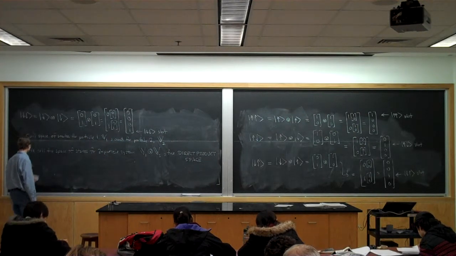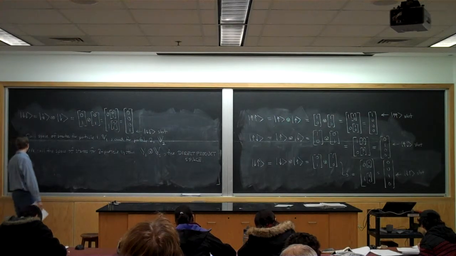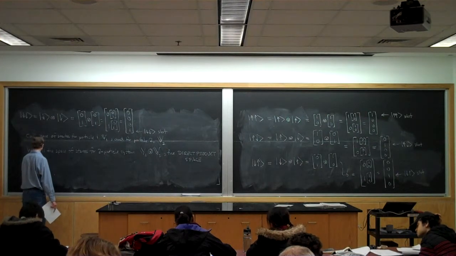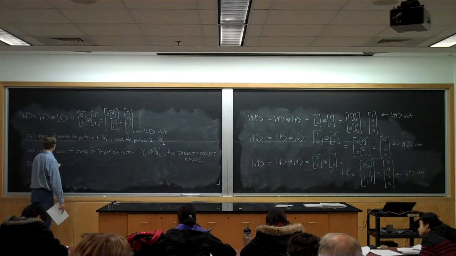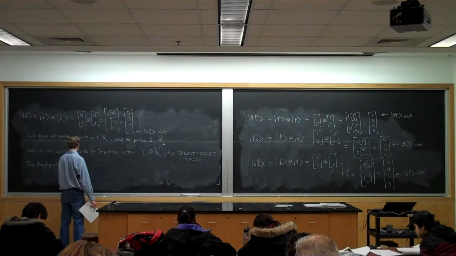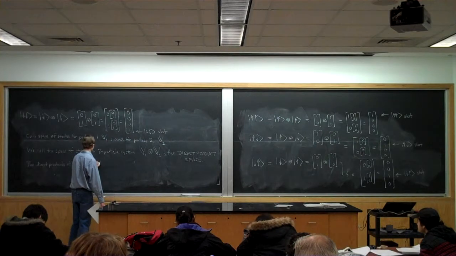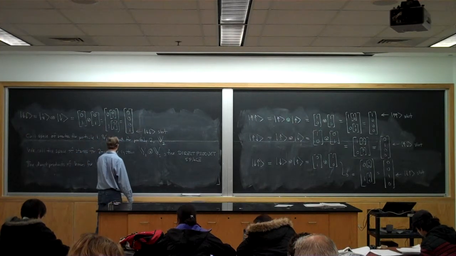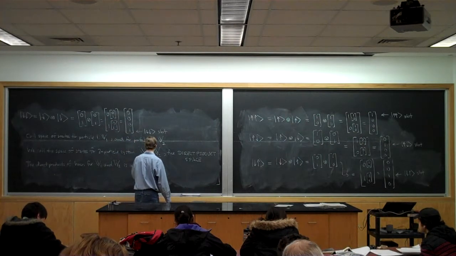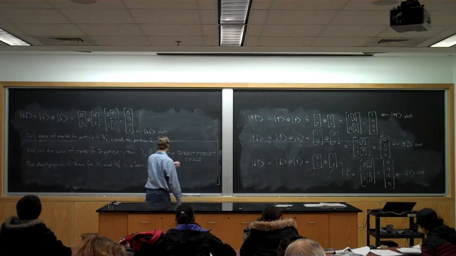And now here's a tongue twister. The direct products of bases for V1 and V2 is a basis for V1 direct product with V2.